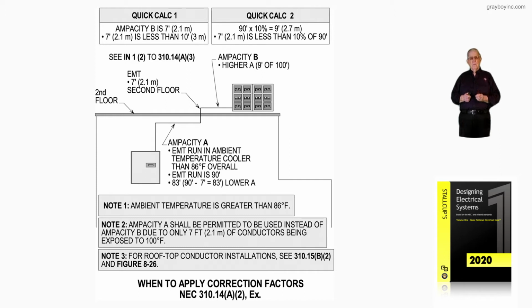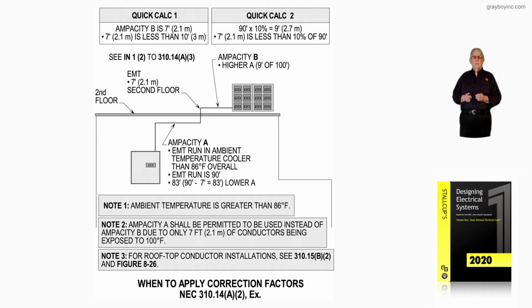Note 1: ambient temperature on a roof is sometimes much greater than the 86 degrees Fahrenheit that's allowed in Table 310.16 in the NEC.